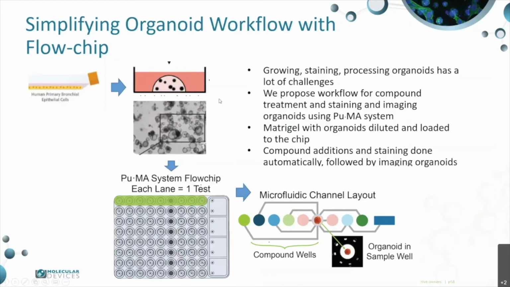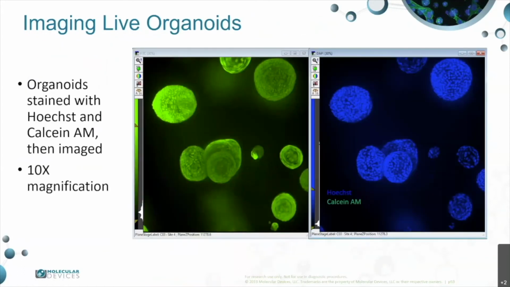So what we did, we actually diluted the Matrigel and loaded those organoids onto the flow chip, and then loaded different compounds and study effect on cell viability. So these are the images which we get after staining with calcein AM and ethidium. So you can see lung organoids. This is projection image. So you can see very nice images.